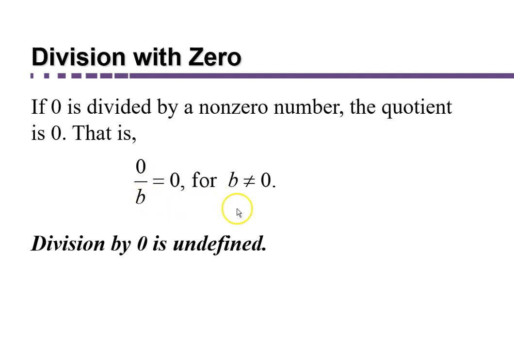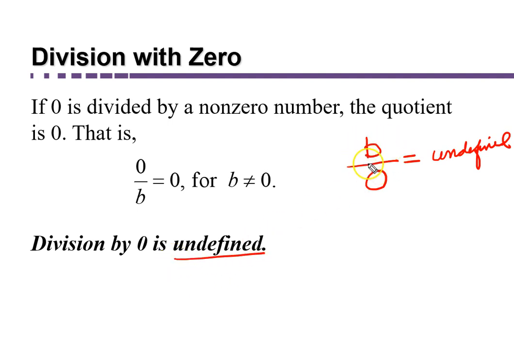Now, if we are dividing, let me write this one out for you, b, which would be any kind of number, by 0, this, in our mathematical system, is undefined, which they have right there.